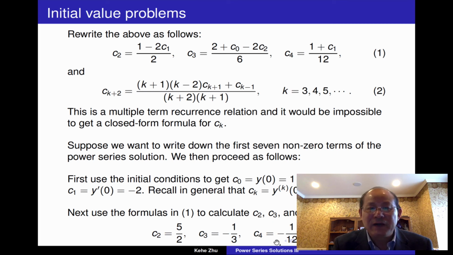For c5, all I have to do is, in the recurrence relation, let k equal to 3. That will give me c5. When you plug k equal to 3 into the right-hand side, you're going to get several terms. I'll do the calculations in the next slide.